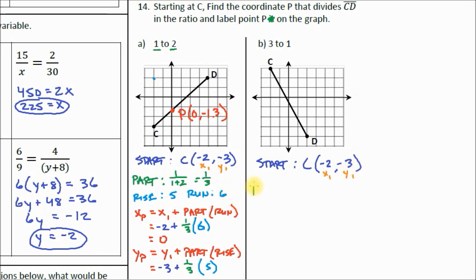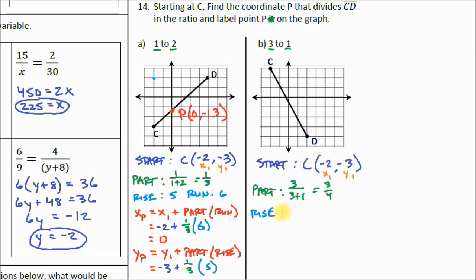Now our part has changed, because now take a look. We've got 3. That's the top of our fraction, and the bottom of our fraction is 3 plus 1. So now the part of the line we're going to travel is 3/4 of the way from C to D. Let's take a look at our rise and run.